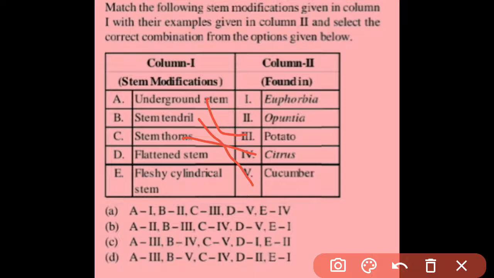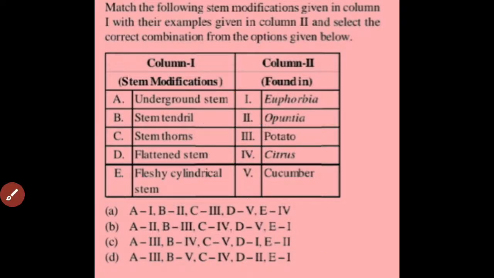Most people are confused between fleshy stem and flattened stem, in examples like Opuntia and Euphorbia, so you don't have to doubt here. The correct answer is option D. Flattened stem is basically found in Opuntia, and the last one is fleshy cylindrical stem, which is found in Euphorbia. So option D is correct. Let's move on. Next question.